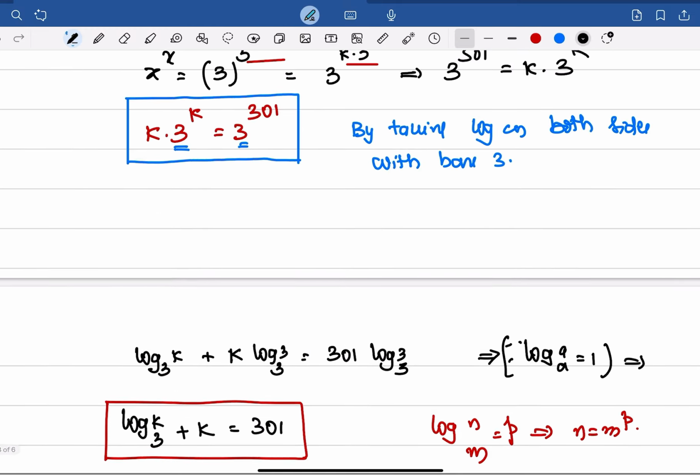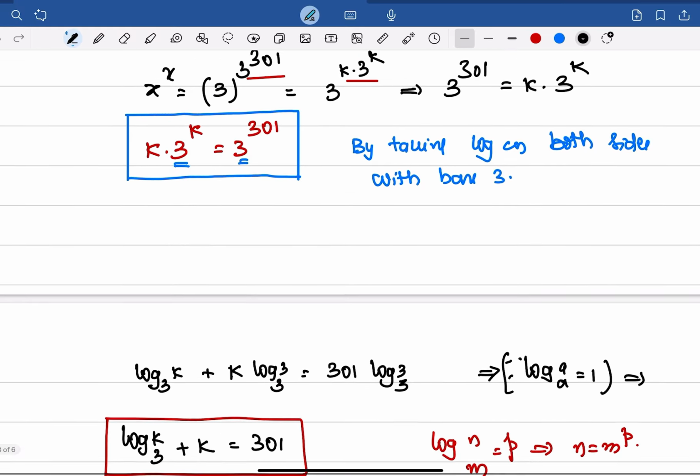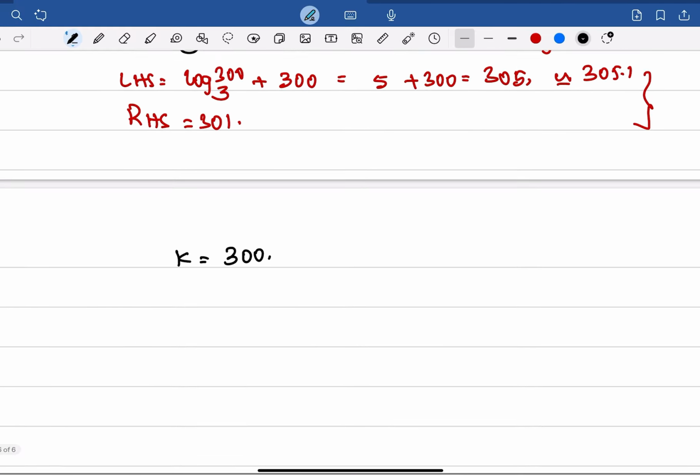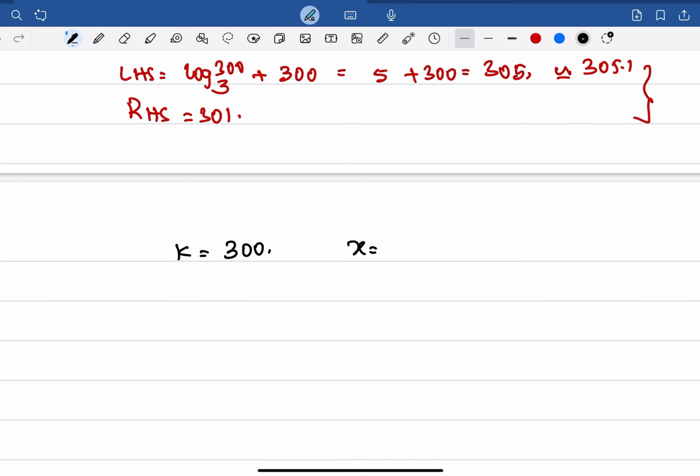We have assumed x is equal to 3 to the power of k, that is equal to 3 to the power of 300.